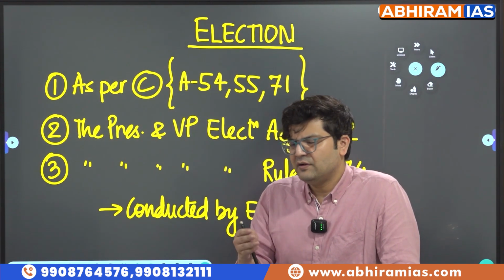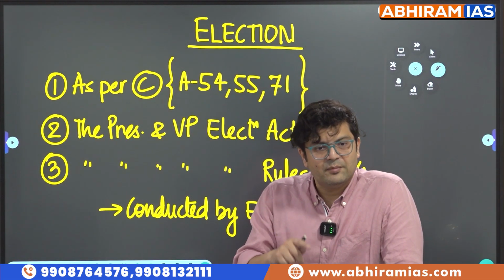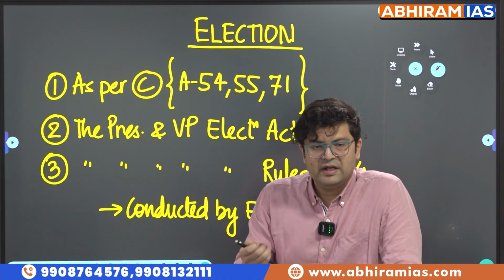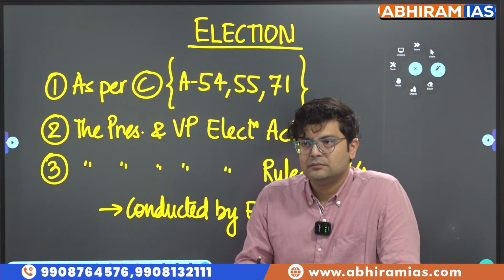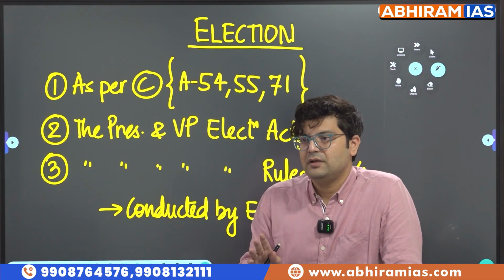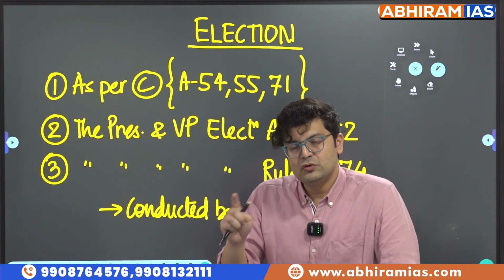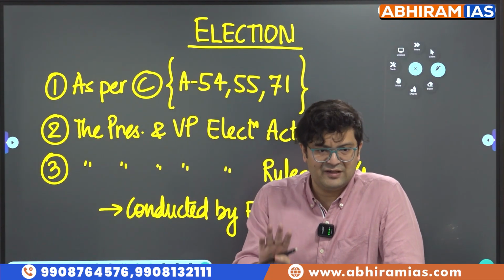So we have 8 UTs in the country. Some UTs have assemblies also. Are you aware of this? Any idea? Which UTs have assemblies? Jammu and Kashmir, Delhi, Pondicherry or Puducherry. 3 UTs have assemblies, of which 2 UTs MLAs are also included. Delhi and Puducherry as of now.